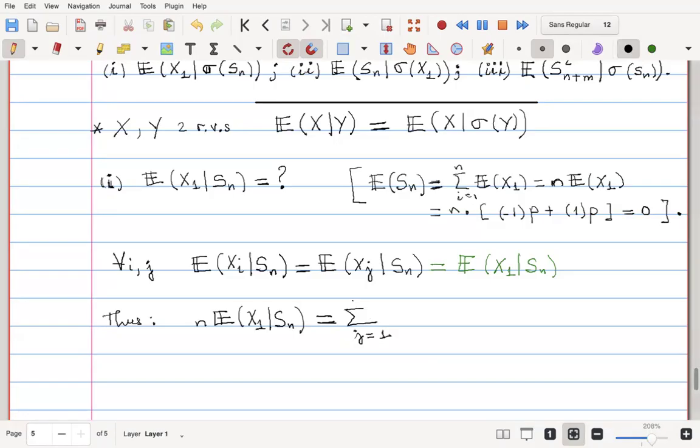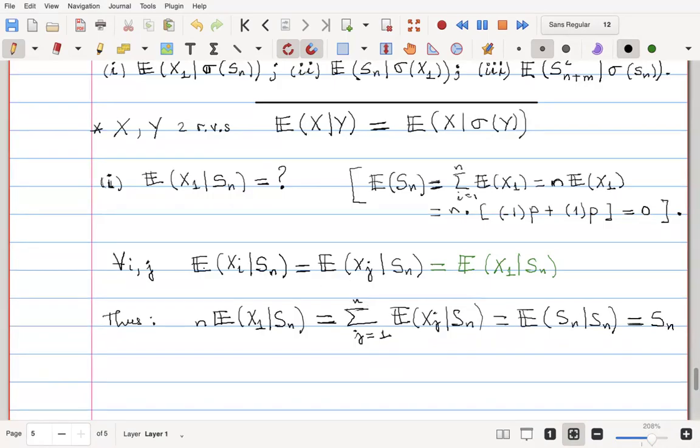I can take the sum inside the conditional expectation of xj given Sn. So by linearity of the conditional expectation, this summation will go inside and give us the conditional expectation of Sn given Sn, and this is Sn. Why is it equal to Sn? That's just simple to see.